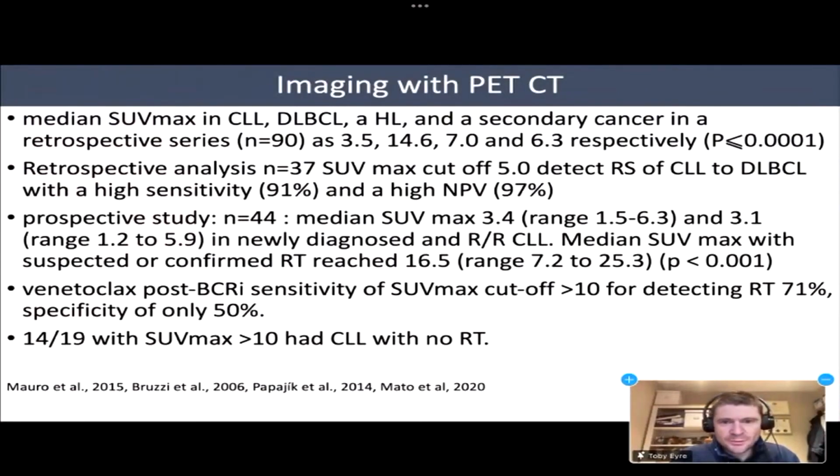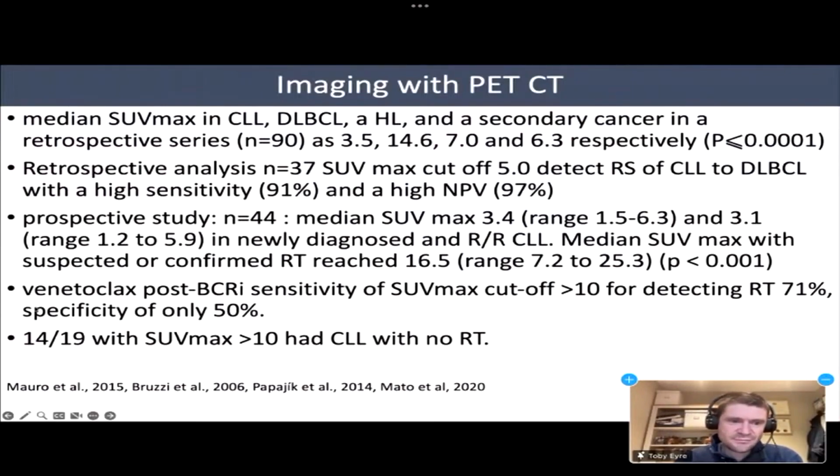It can also be valuable, of course, if you have a really dominant site or a disproportionately avid mass or area, because it can help target biopsy. So those fundamentally are the two key reasons to do a PET scan. I've just listed some of the recent references that have helped define the use of PET.